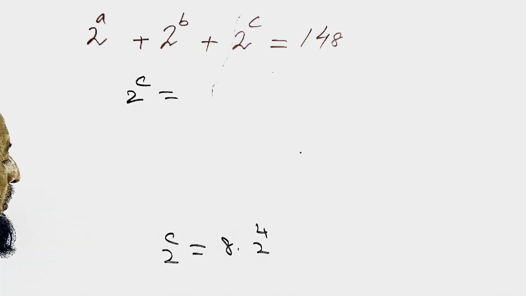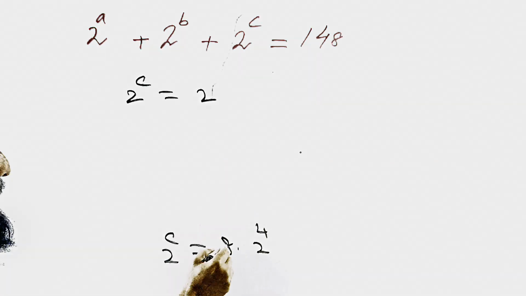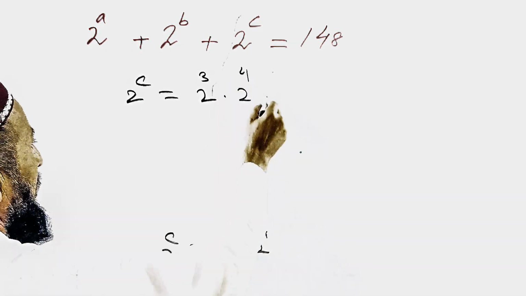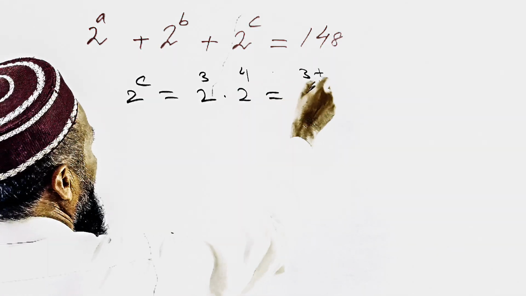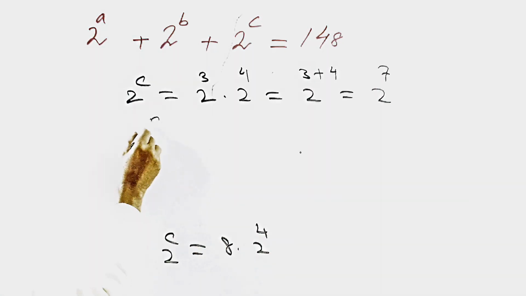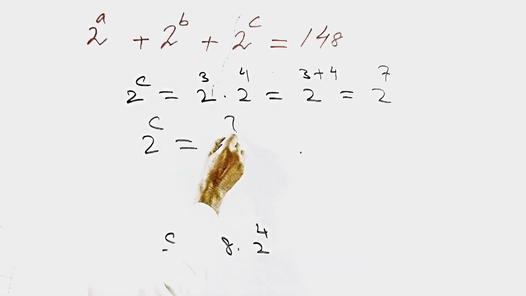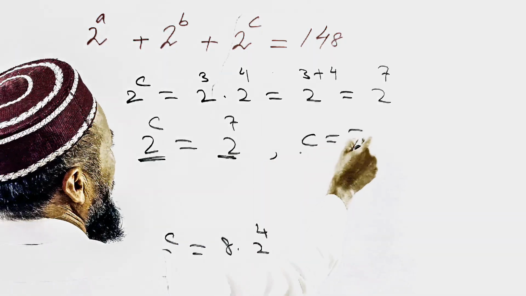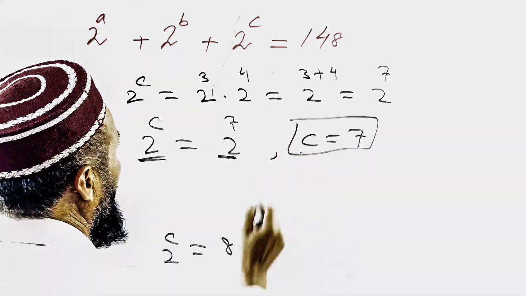We can write 8 as 2 exponent of 3 and 2 exponent of 4. The bases are the same, so 3 plus 4 is 7, giving 2 exponent of 7. So 2 exponent of c is equal to 2 exponent of 7, and the bases are the same, so we get c is equal to 7.